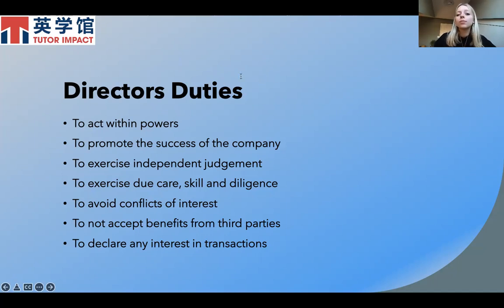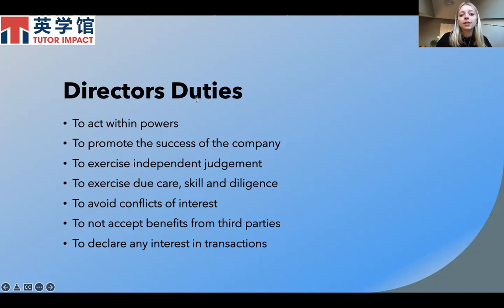So if it's something small or something negligible, then it wouldn't be an issue. So, for example, corporate hospitality is generally allowed. If your client bought you a coffee when you were organising a deal, obviously that's a benefit, and it's a benefit that's derived from you being a director. However, it's not out of the ordinary, and it's not substantial enough to give rise to a conflict.